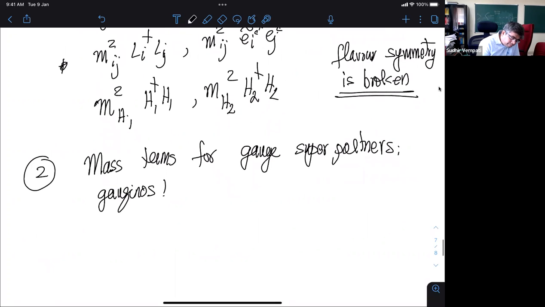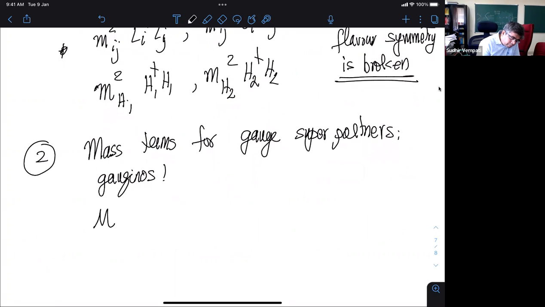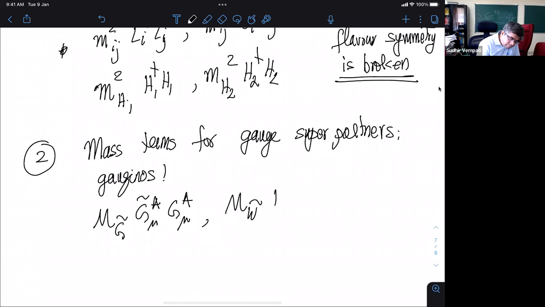So you have M gluino, G tilde mu A. The 8 gluinos get the same mass as an octet, M gluino. M wino: all the 3 winos get the same mass.